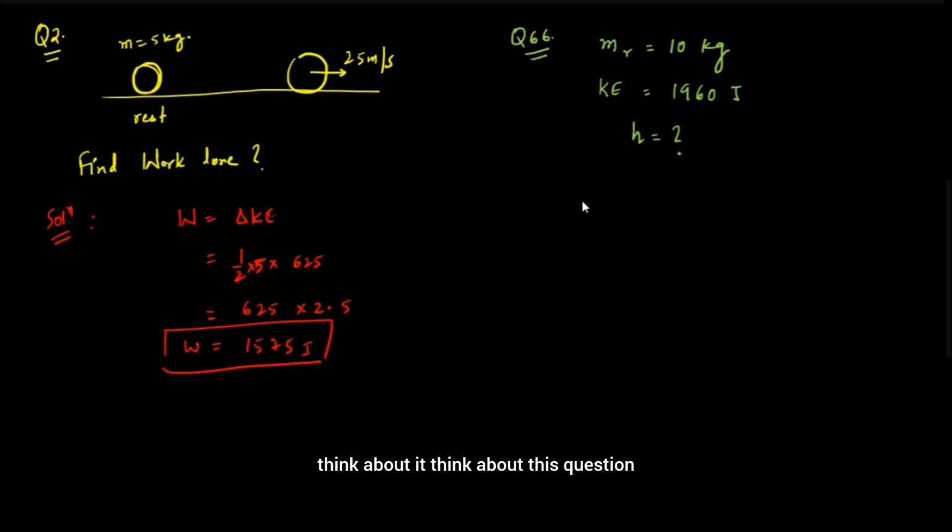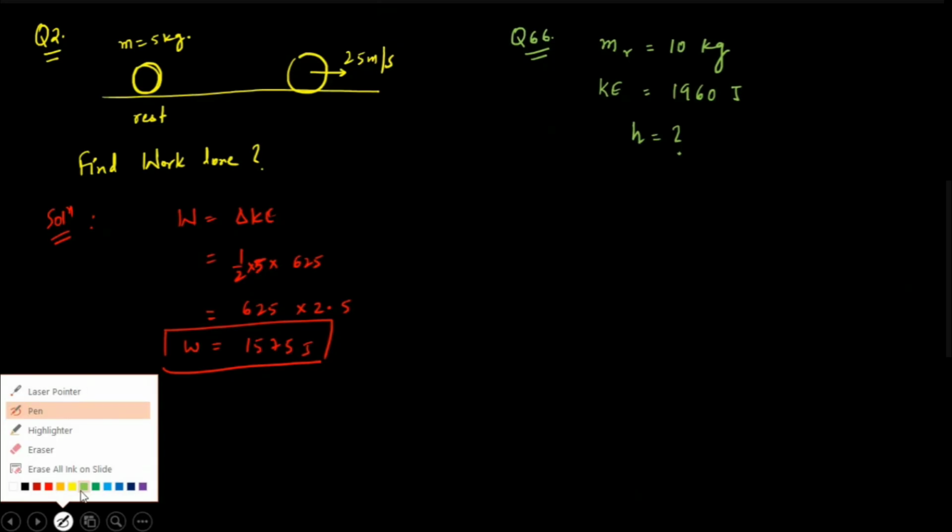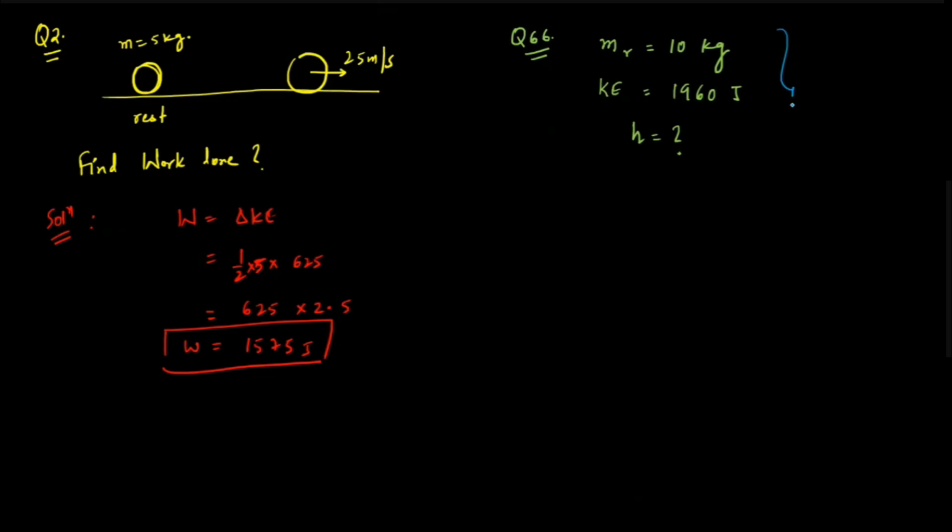Just think about this question. This question is a perfect example of the work-energy theorem. This is what you have to apply again to find out the height. Think how we can do this.